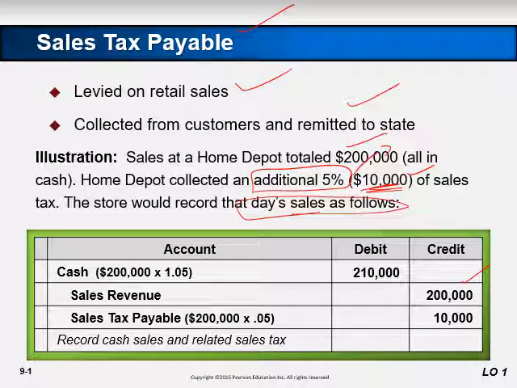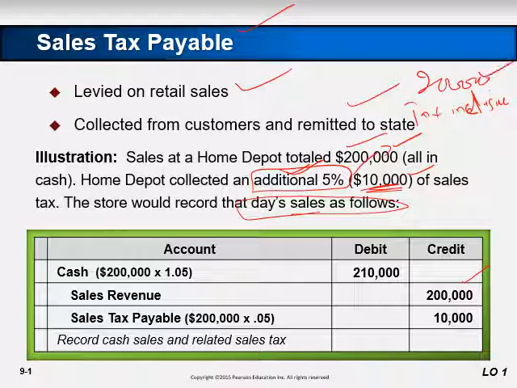Then we create a liability that is sales tax payable. This illustration is easy, because we are given that you have collected an additional 5%. Sometimes the tax is included in the sale, in this 200,000. Tax is inclusive.